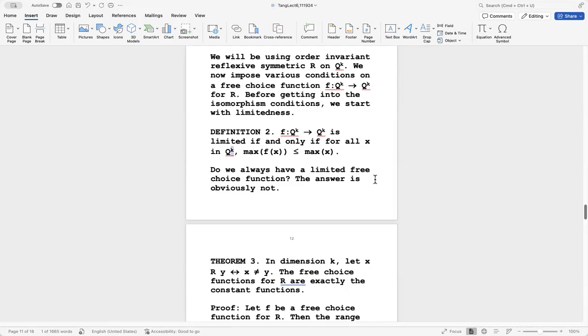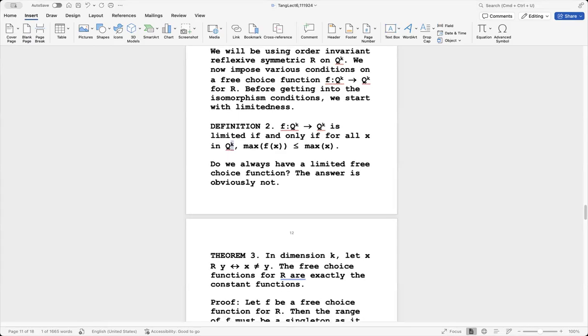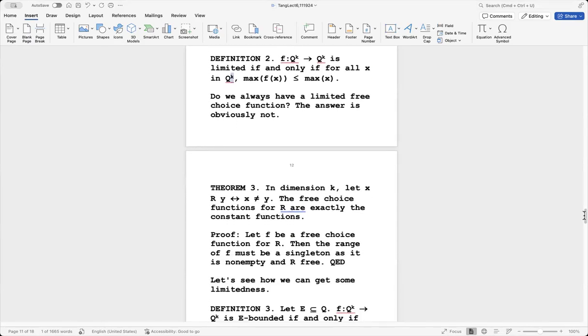Now, do we always have a limited free choice function? The answer is obviously not, because constant functions cannot possibly be limited, because we go to minus infinity.